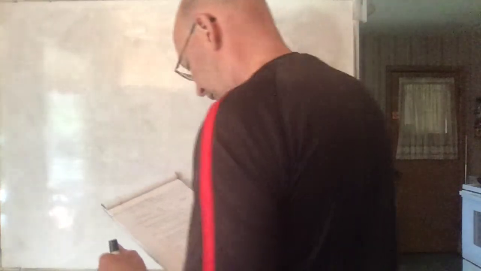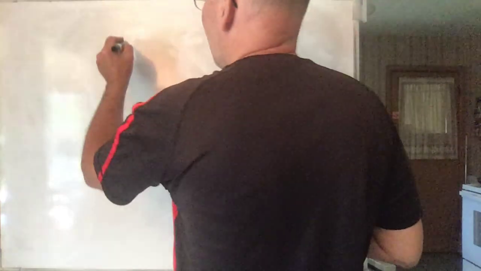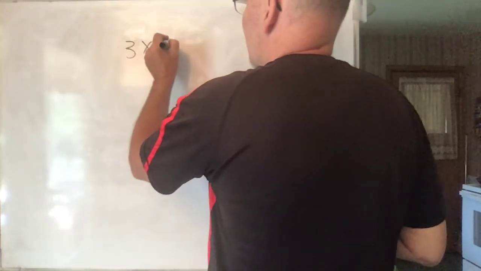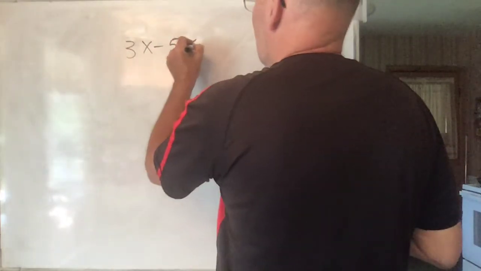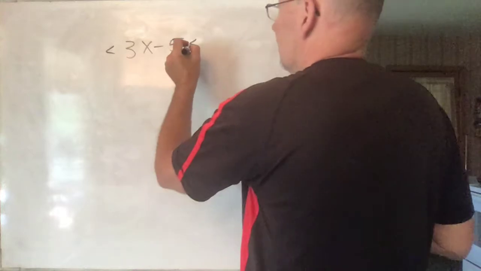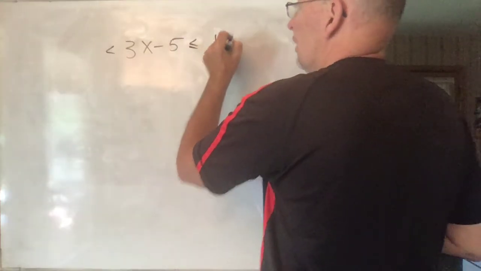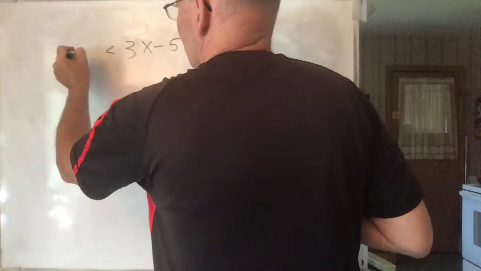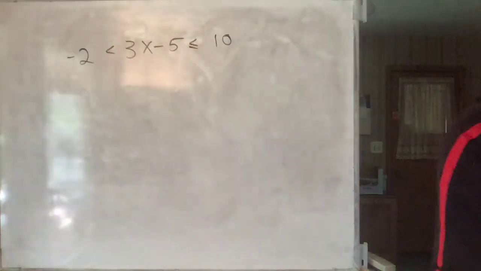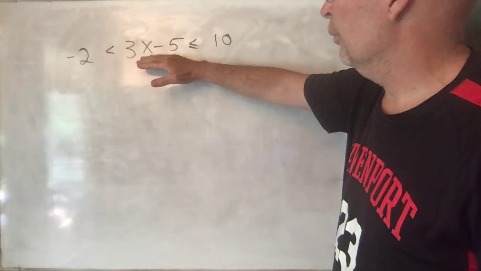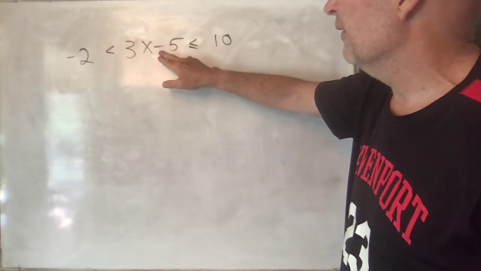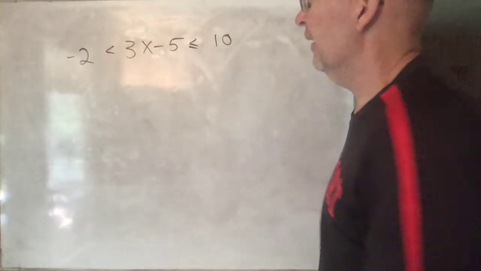Okay, just a couple more. What if you have something like this? What if you have 3x minus 5 is, say between, I don't care, let's say 10 and negative 2. Okay, let's just do that. Anything you want. So to solve this for x, we would first add 5 to everything.